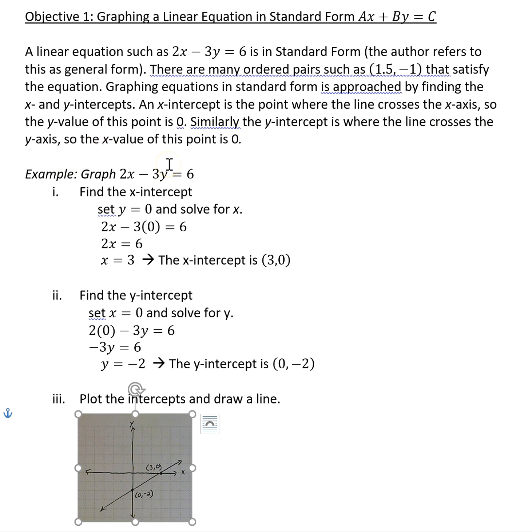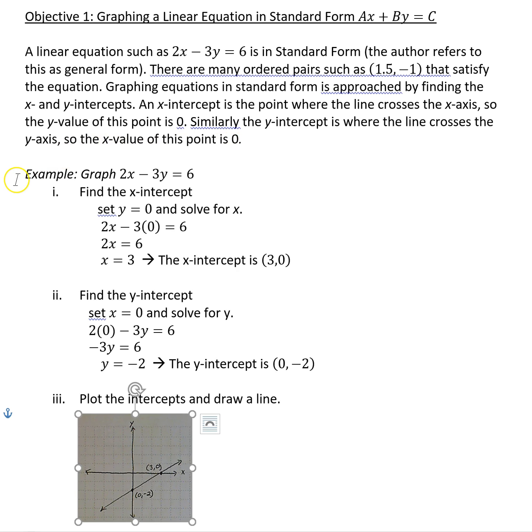Now, for the x-intercept and the y-intercept, there are values of 0 in the ordered pairs. In the x-intercept, the y value is 0 since it's right on the x-axis. And for the y-intercept, the x value is 0 since it's right on the y-axis.